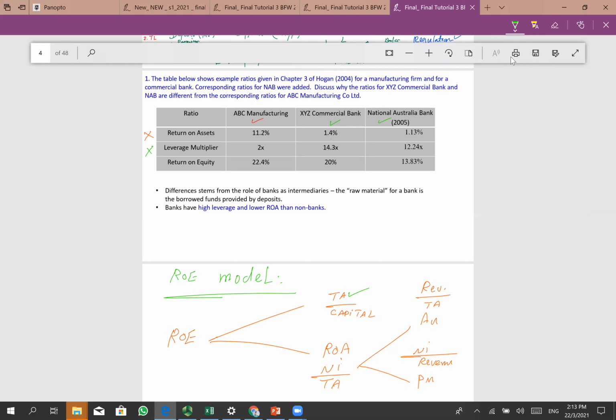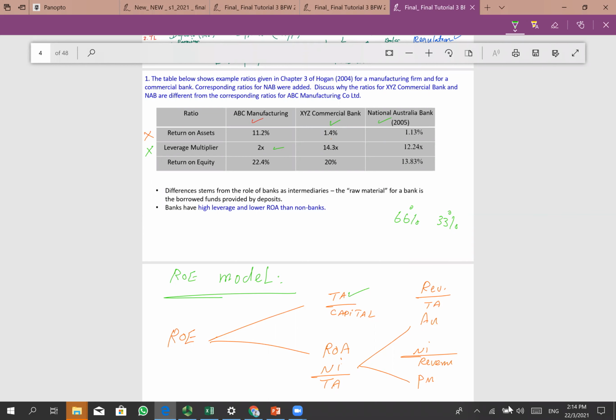This is the leverage multiplier, which means they finance their assets by 2 times their capital. So their liabilities are 2 times their capital, which means this company maybe has 66% of the assets from lending, and 33% from the capital.